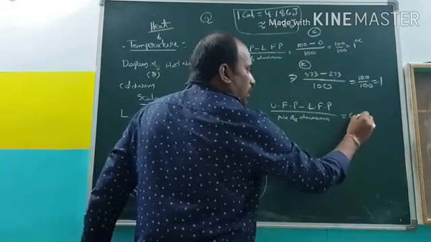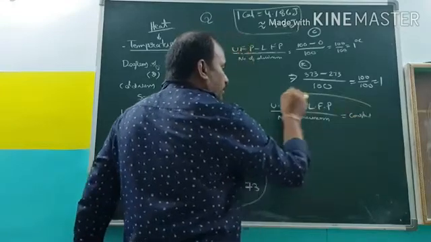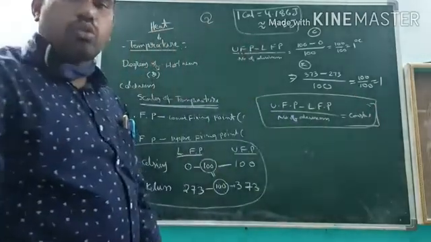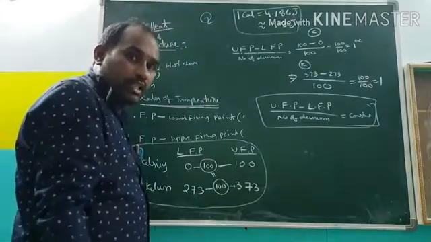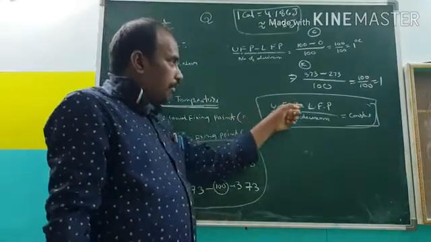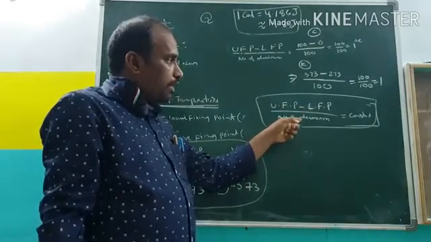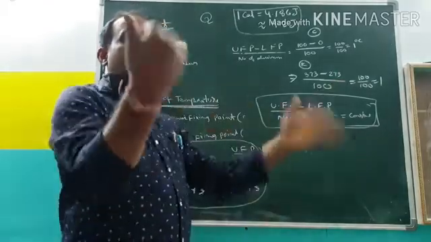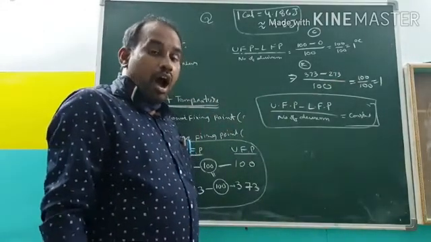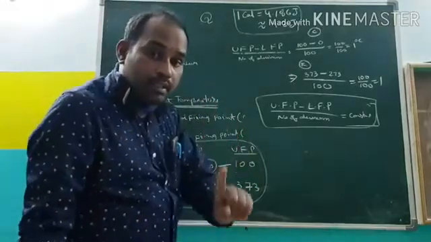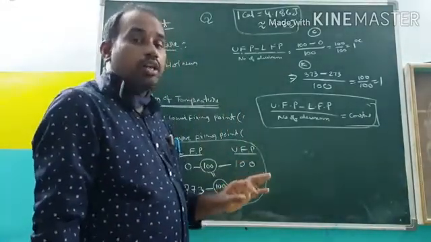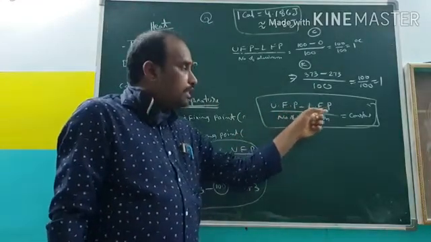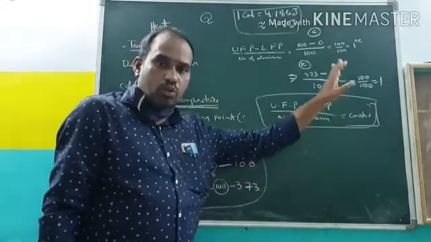So that's a constant. For scales of temperature, all must follow one rule: upper fixing point minus lower fixing point by the number of divisions must be a constant value for all scales of temperature. All the scales of temperature must obey this formula: upper fixing point minus lower fixing point by number of divisions is equal to constant.